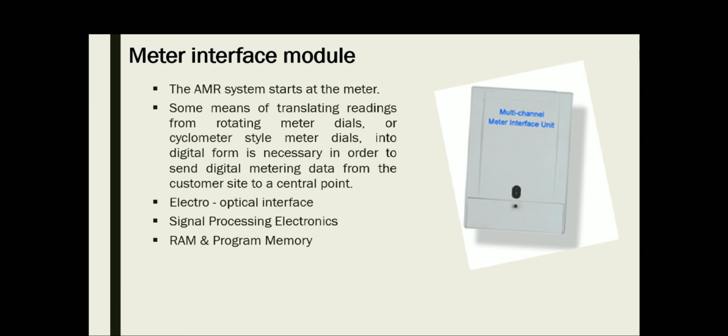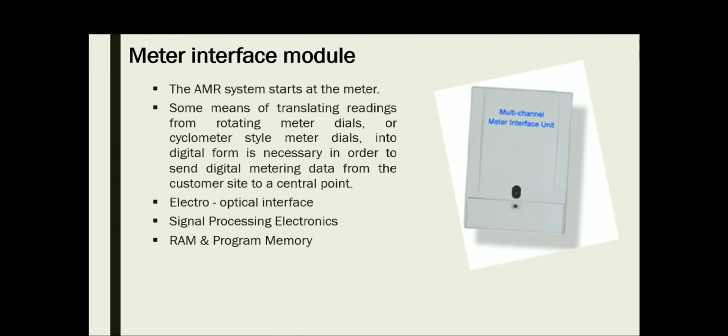So that is a meter interface module. And some means of translating readings from rotating meter dials or cyclometer style meter dials into digital form is necessary in order to send digital metering data from the customer side to the central point. So this is what is inside the meter interface module.